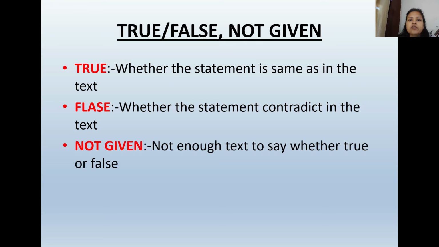Next is not given. Not given means not enough text to say whether true or false, means you cannot say anything whether it is true or false. Okay, let's practice. And don't assume. Don't assume things on your knowledge.